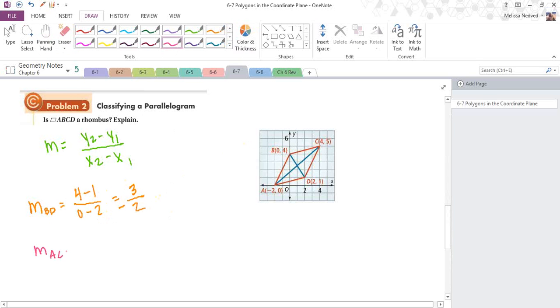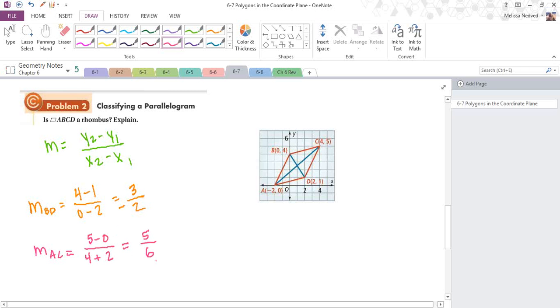Slope of AC. Again, in this case, I'm going to pick C to be my x2, y2. So 5 minus 0. Yep, 5 minus 0 over 4 minus negative, which is plus positive 2. 5 minus 0 is 5. 4 plus 2 is 6.